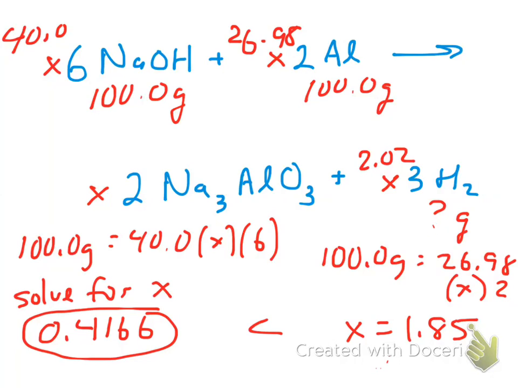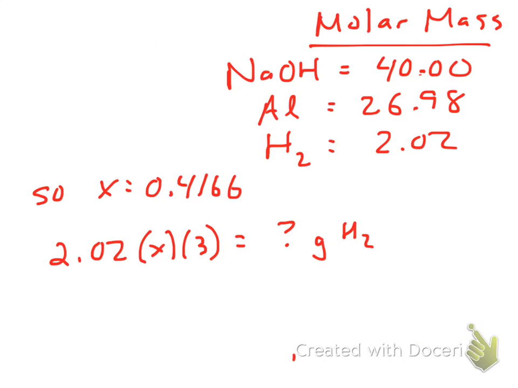Since sodium hydroxide is the limiter with 0.4166, we then plug that in here to the hydrogen's information. So for hydrogen, 2.02 times x times 3 equals the number of grams of hydrogen that are produced based on the limiter.